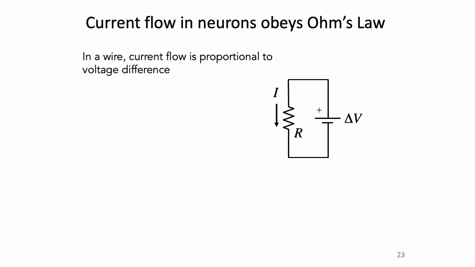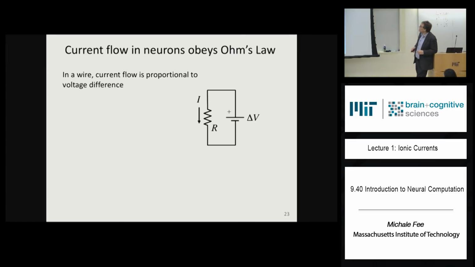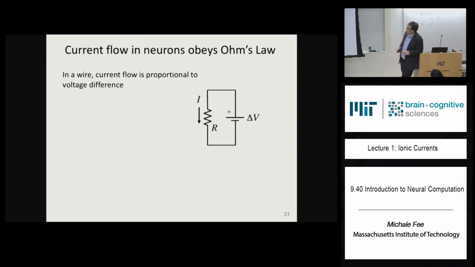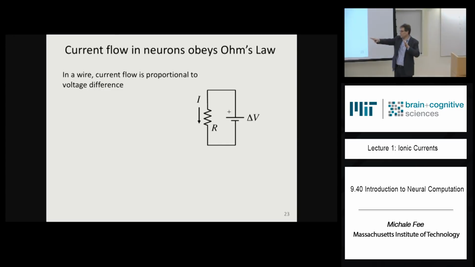Okay? The bottom line here that I want you to understand is that current flow in neurons obeys Ohm's law. Now, what does that mean? Let's imagine that we have a resistor, let's say across a membrane or in the intracellular or extracellular space of a neuron.